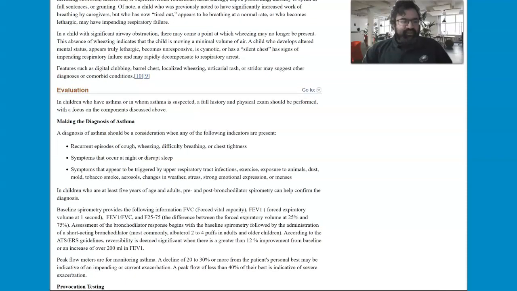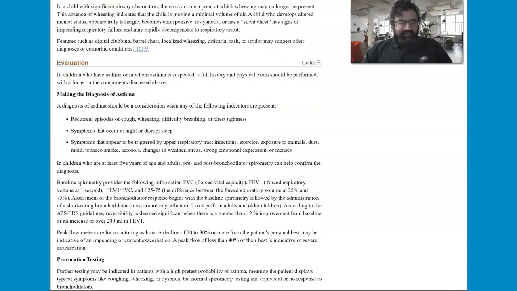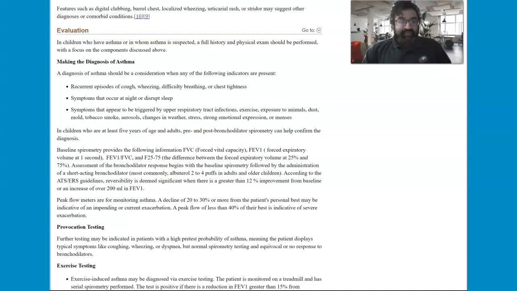More scientifically, in children at least 5 years of age and adults, pre- and post-bronchodilator spirometry can help confirm the diagnosis.